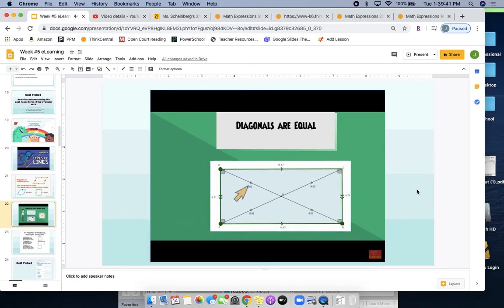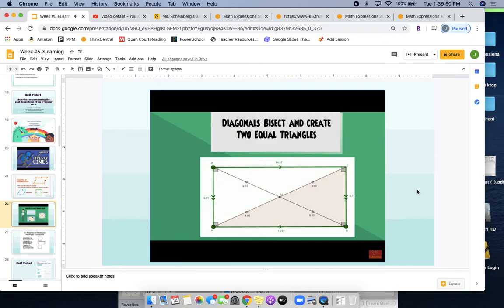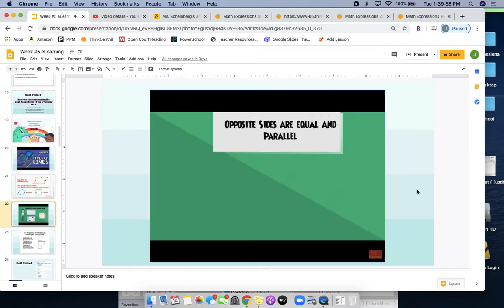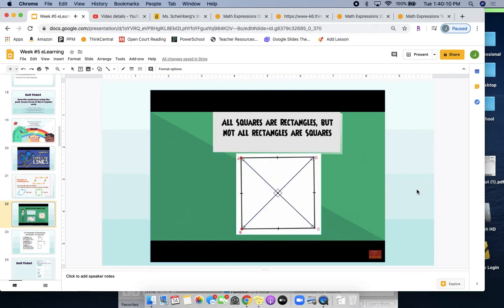Let's talk about the diagonals of a rectangle. The diagonals of a rectangle are of equal length. The diagonals also bisect and create 2 pairs of equal triangles. Opposite sides of a rectangle are equal, and the opposite sides are parallel. All squares are rectangles, but not all rectangles are squares.